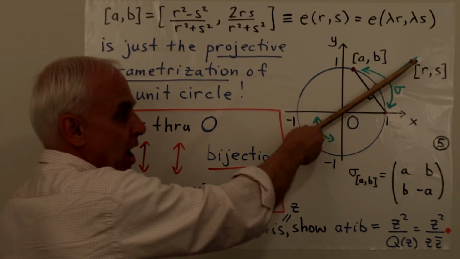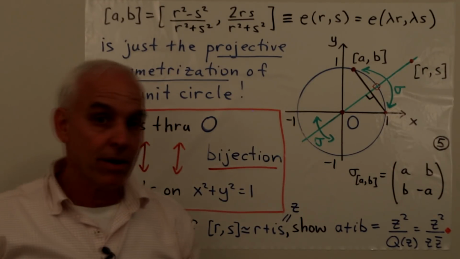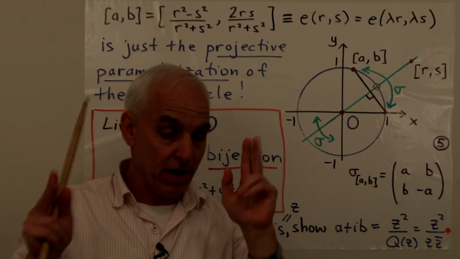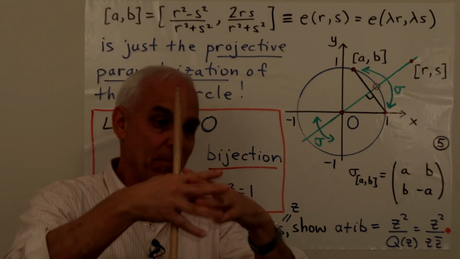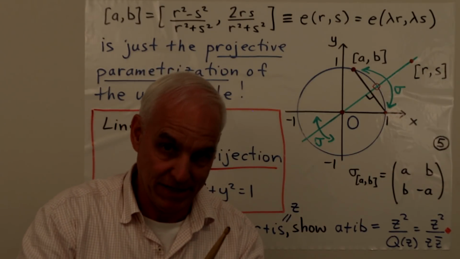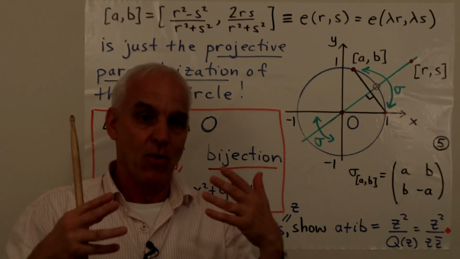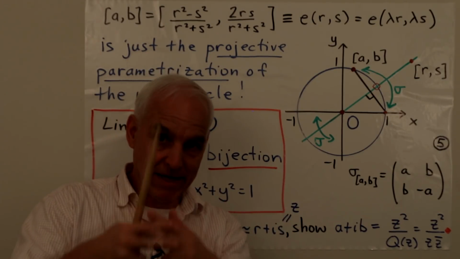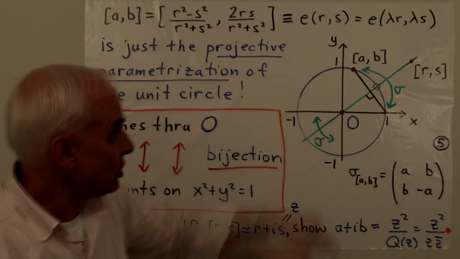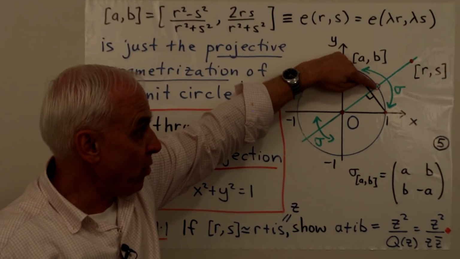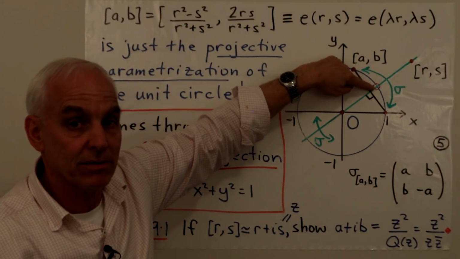Now notice that this line does not necessarily have to meet the circle, because we're not working over the real numbers. We're not just assuming that curves meet if it looks like they meet. It's always a number theoretical issue whether or not two curves meet, whether we like it or not. That's just the reality of it. So there may be an intersection point here of this line and the circle, and there may not be.